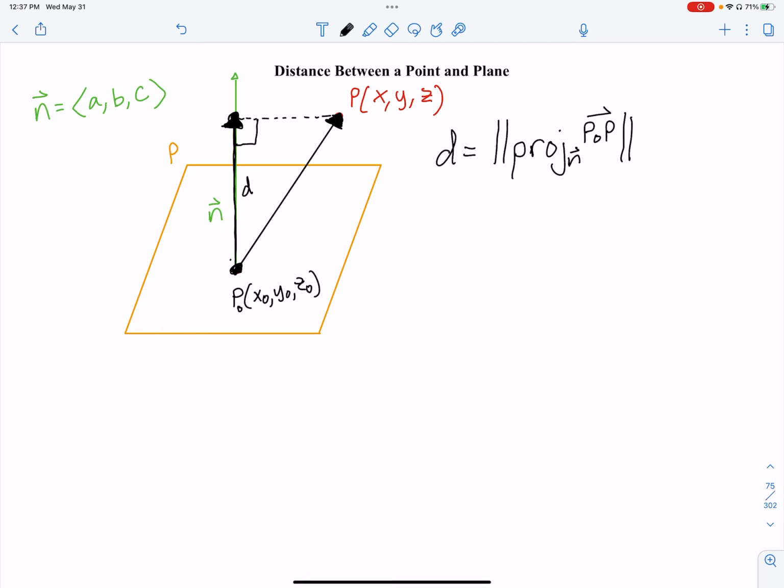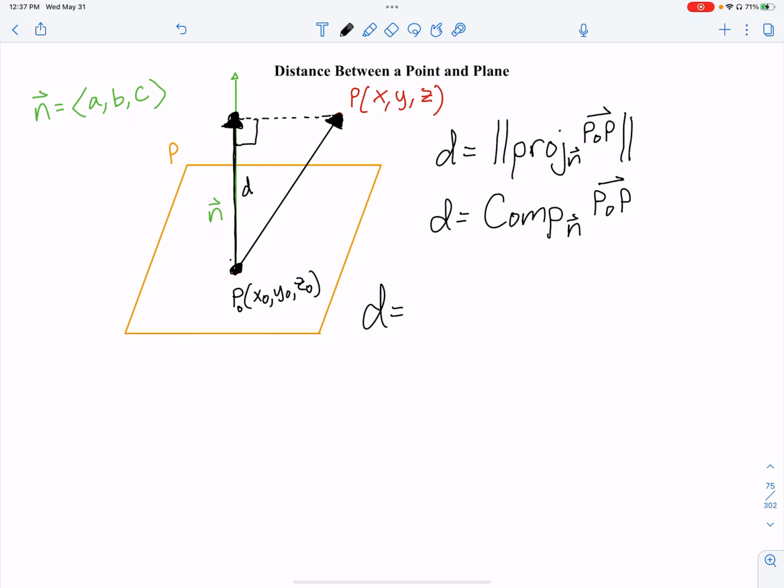Right? There was a name for this too. This was the component projection, and we wrote it like this. Either one will work for me as long as you know what you're looking for. We're going to come up with the formula pretty quick. We have that. That is my distance.